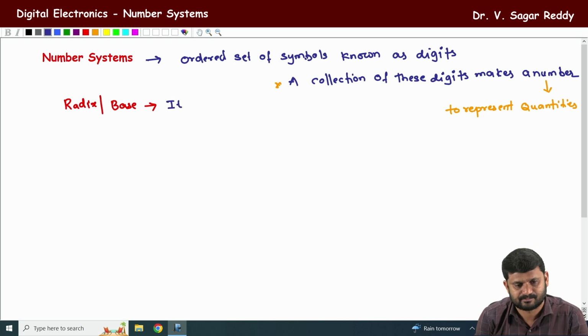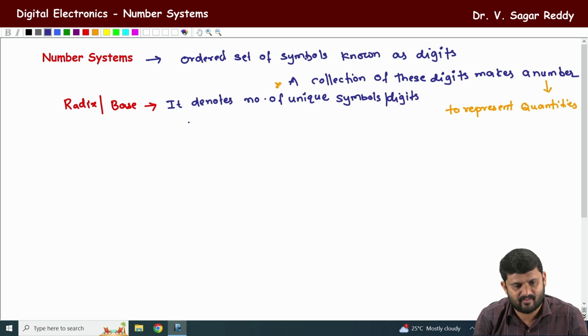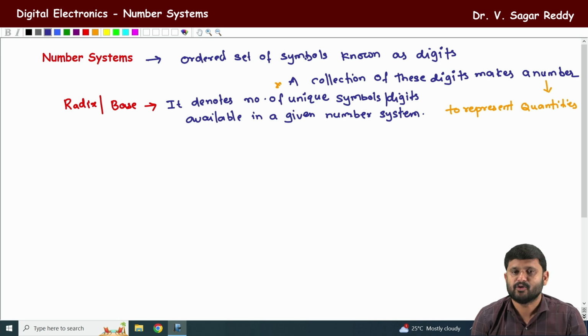It denotes the number of unique symbols or digits available in a given number system. So it denotes the number of unique symbols in a given number system.